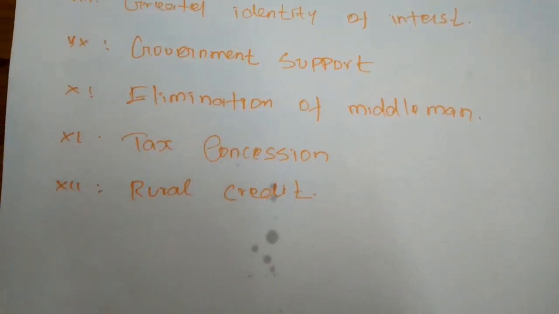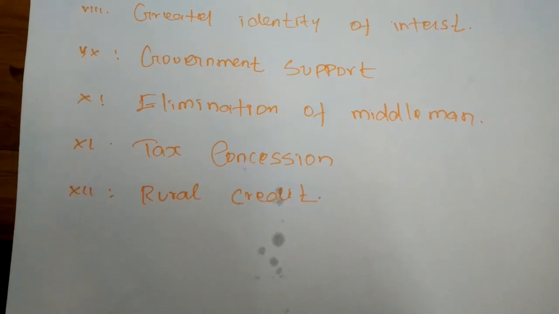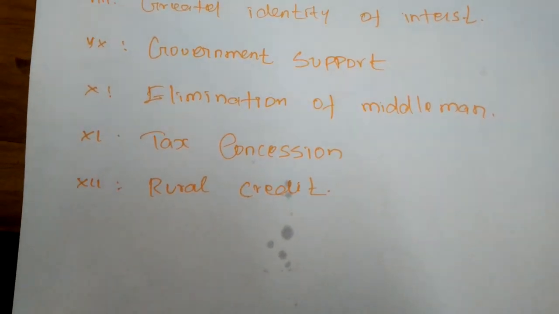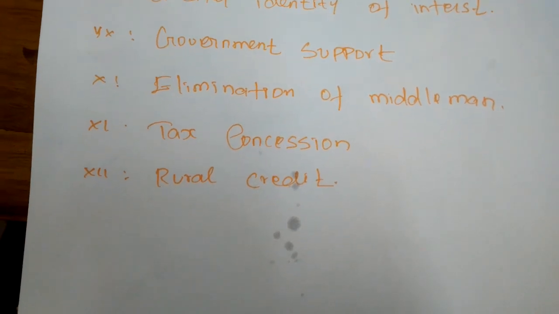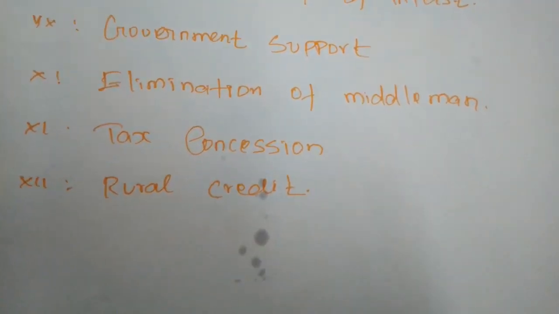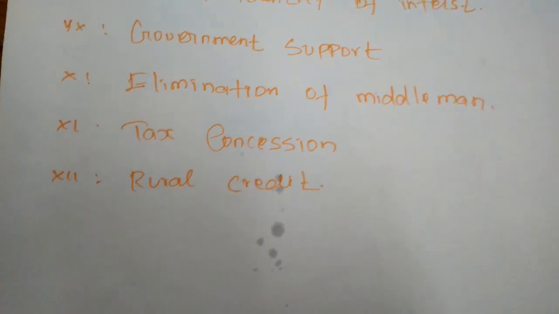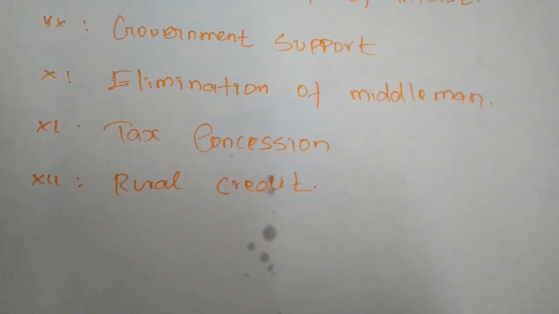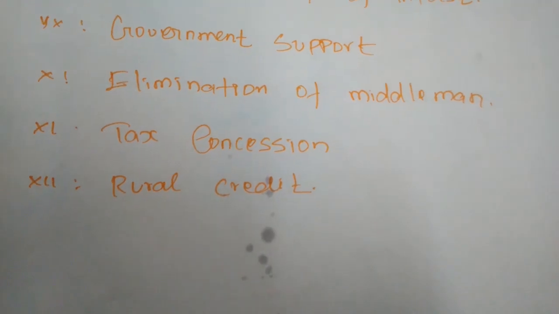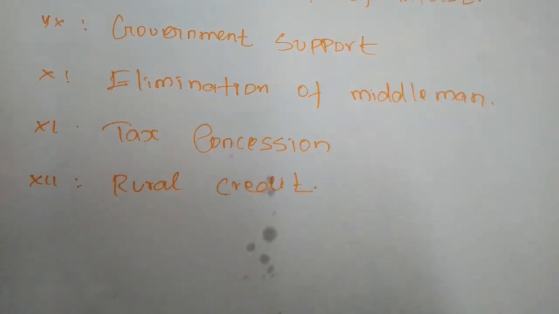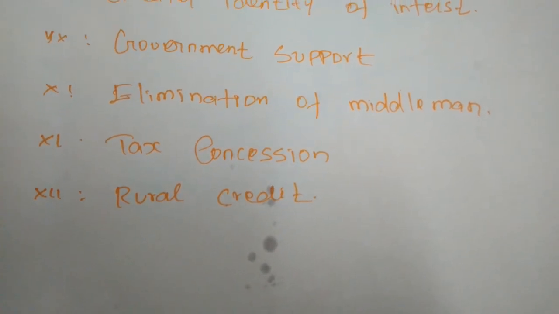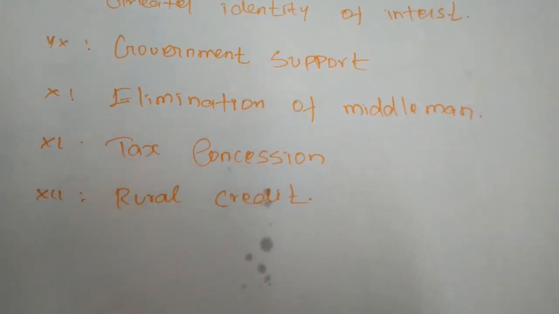Next, rural credit. The cooperative societies have contributed significantly in freeing villages from money lenders. Rural credit is also encouraged by way of cooperative organizations, so many farmers are relieved from local money lenders charging high rates of interest.